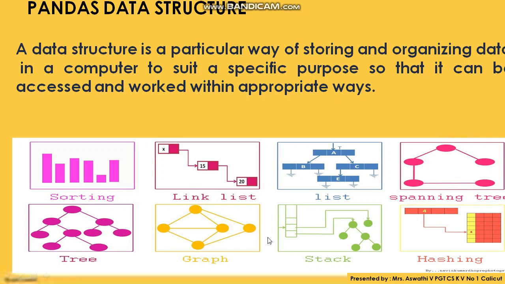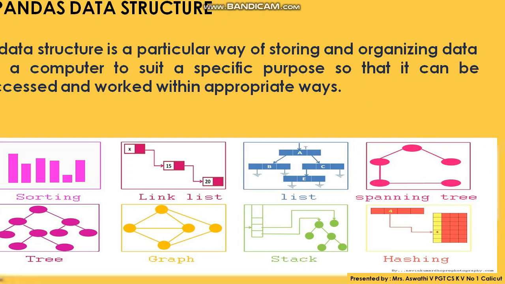Different data structures are organized differently. That means the accessing of data uses different types of access methods. For example, here you have the first data, and a link is given to the next data, like that it is being stored. Here you have a hierarchical structure, here it is a linear structure. Then here you have a spanning tree, something similar to a graph. So a data structure is simply a way of organizing, keeping, and arranging data inside the memory.